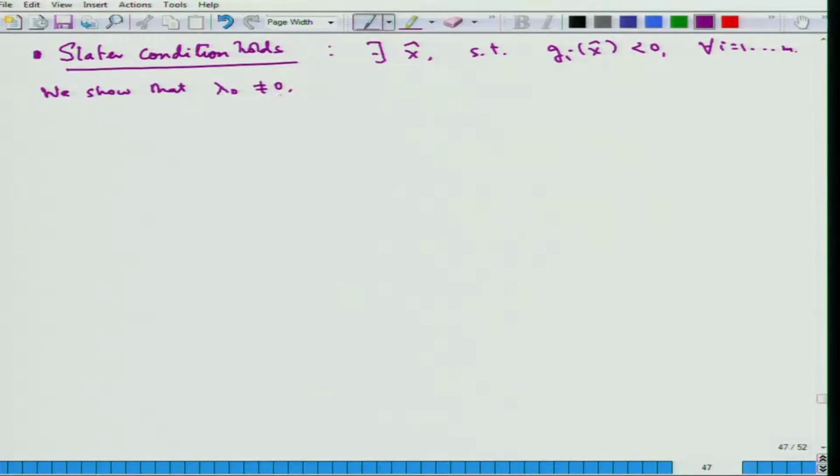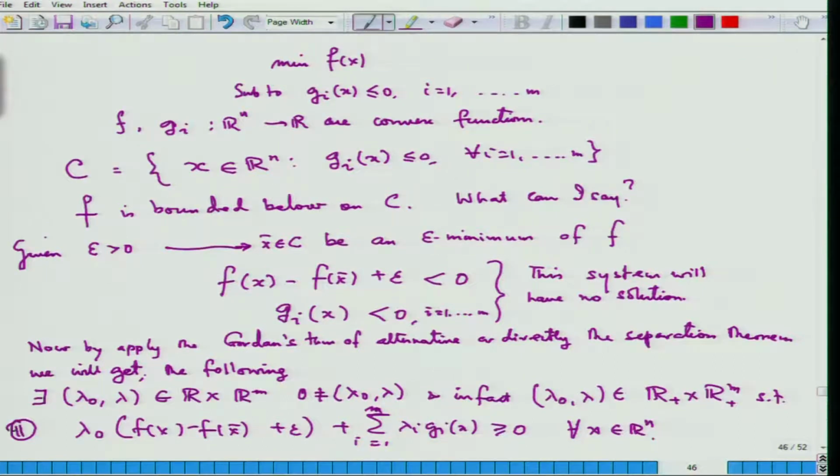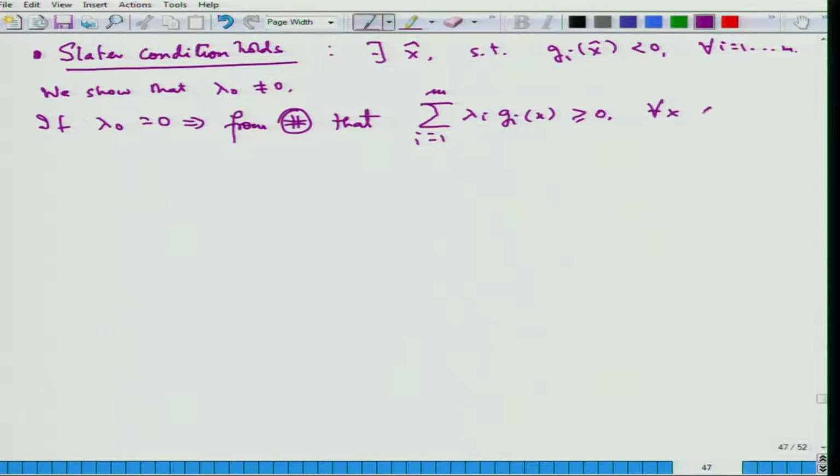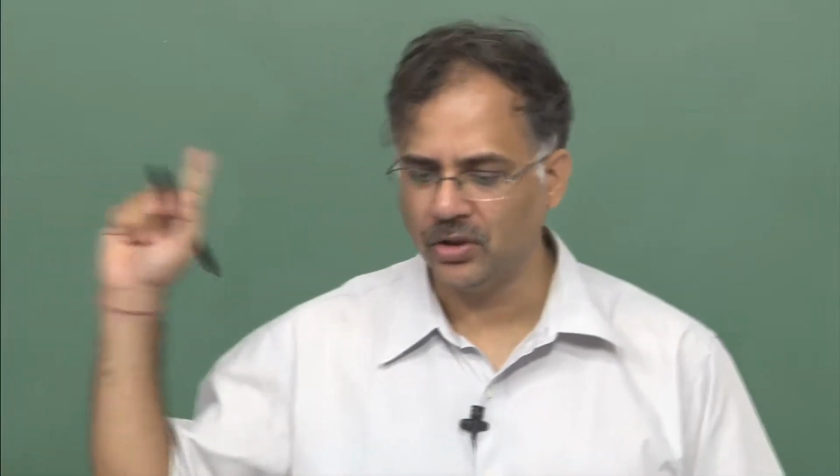Because if lambda naught is equal to 0, then it implies from the previous equation, which I can call star or hash, that the summation of lambda i g i x is greater than or equal to 0 for all x. Now, one of these lambda i cannot be 0, because the whole vector lambda naught, lambda cannot be 0.